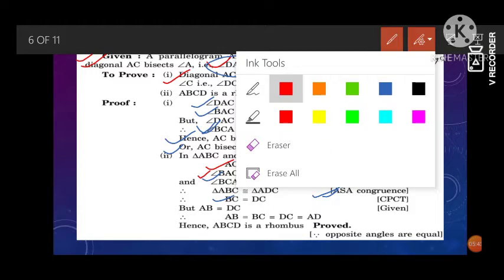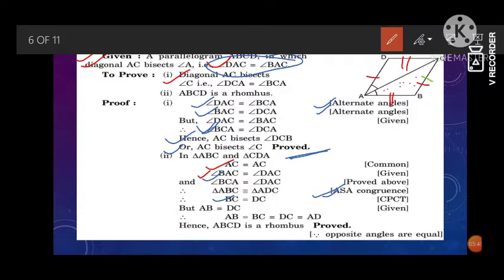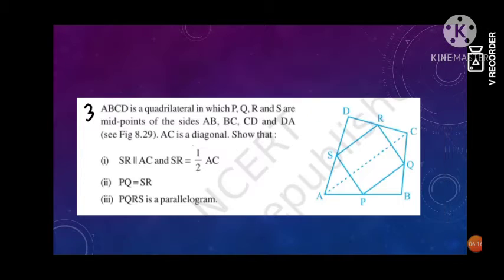And we just found out that BC is equal to DC. So altogether we get AB is equal to BC is equal to CD is equal to AD. Hence all sides are equal. So ABCD is a rhombus, and opposite angles are also equal to each other. This angle and this angle are opposite to each other and they are equal. So together we can say that ABCD is a rhombus.